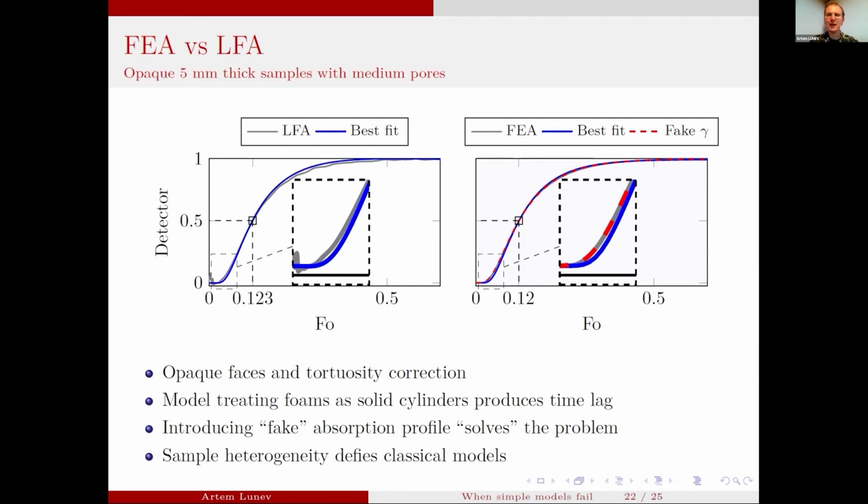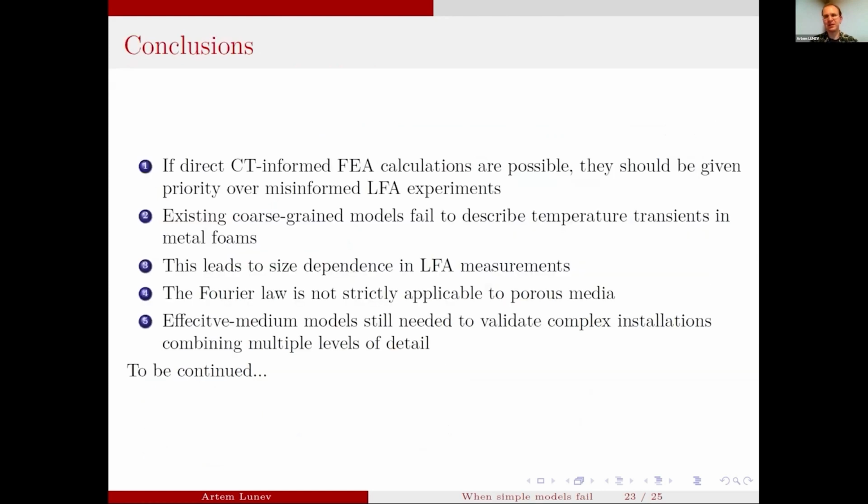Therefore, we think that we have proven that the Fourier law breaks on macro scale for these metal foam samples. To summarize everything I have said previously: if direct CT-informed FEA calculations are possible, they should be given priority over misinformed LFA experiments.